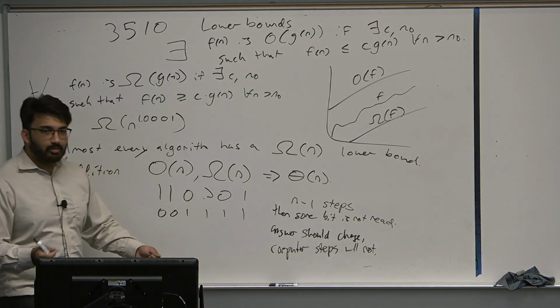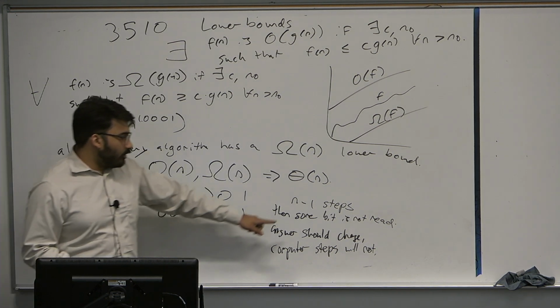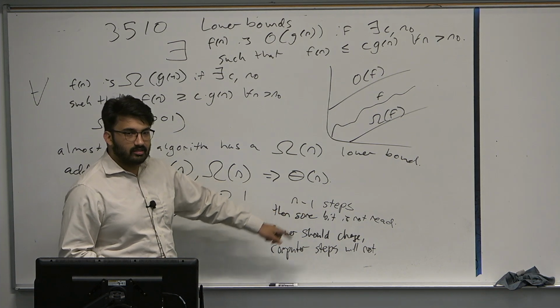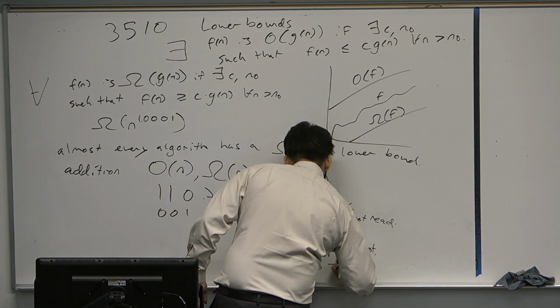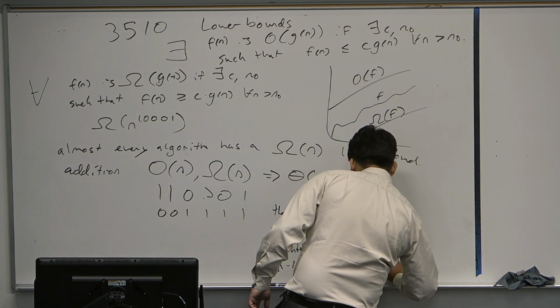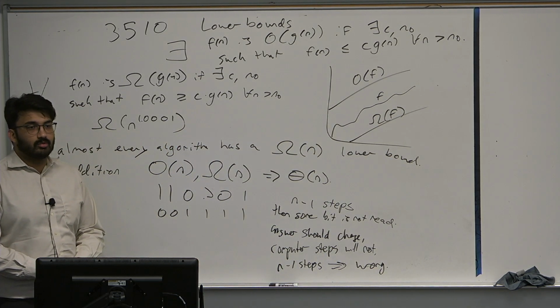So on 2 different inputs, it'll output the same answer. So any algorithm that takes n minus 1 steps is then wrong. Contradiction. No such algorithm can take less than n steps to do addition.